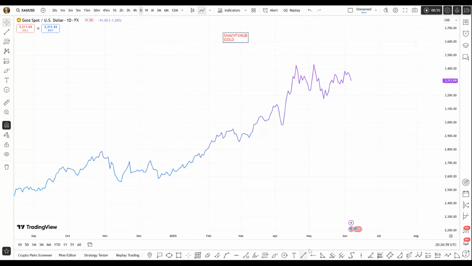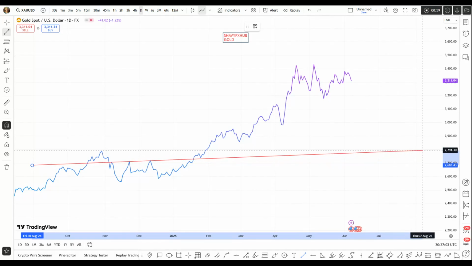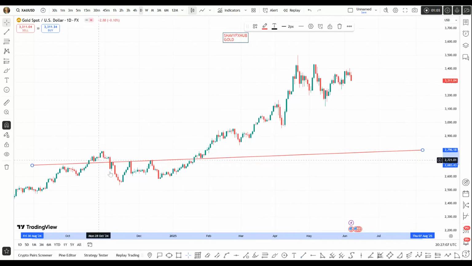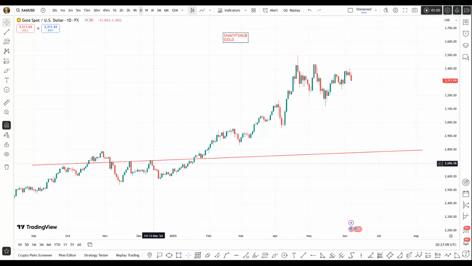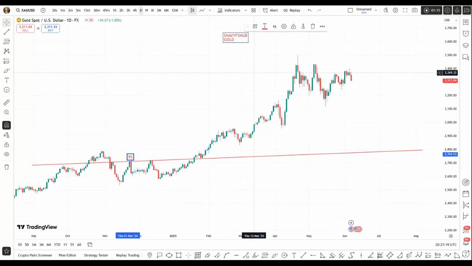So let me look at the structure from a technical perspective. These are all RS levels. Resistance becomes support, and break of structure.